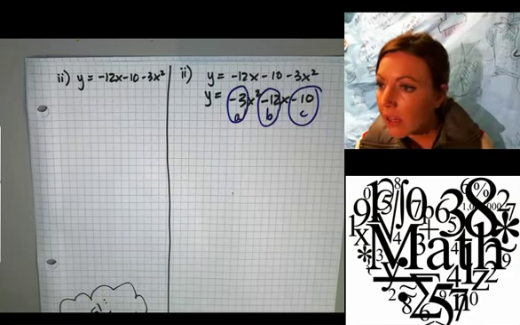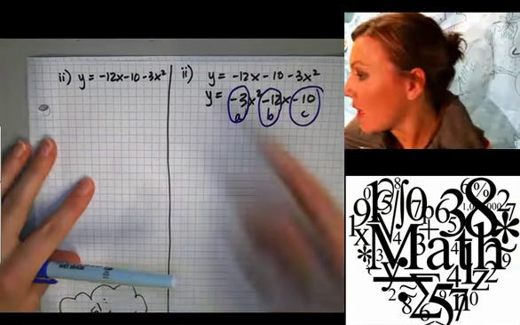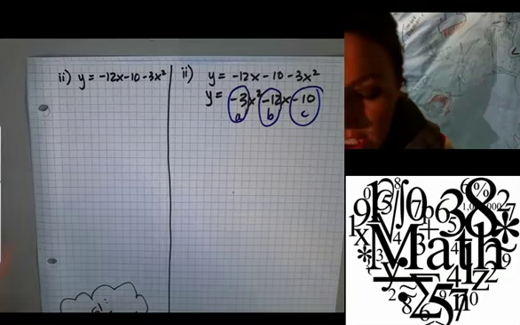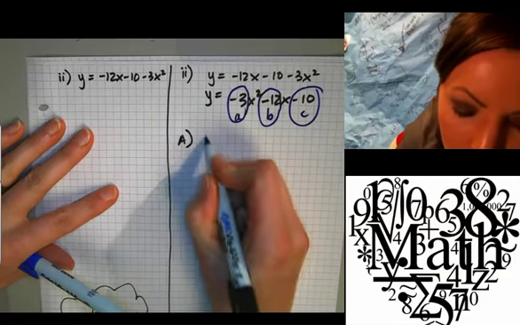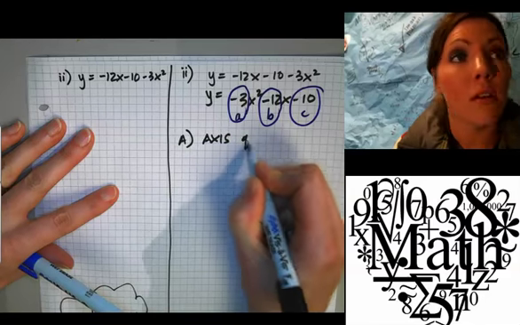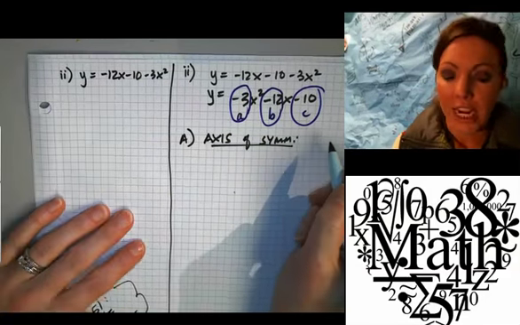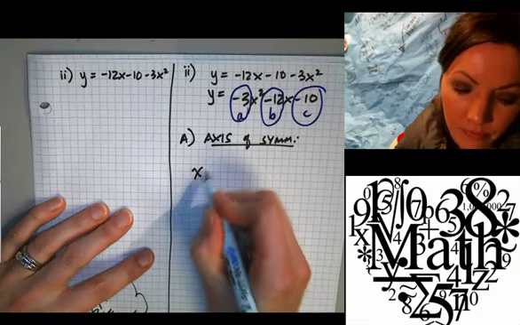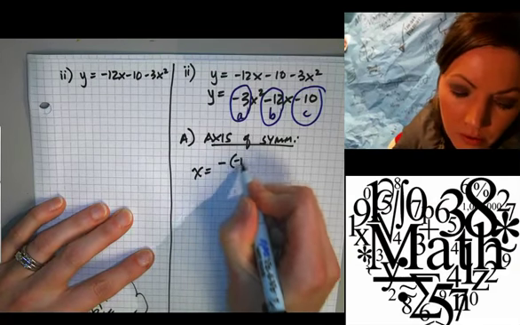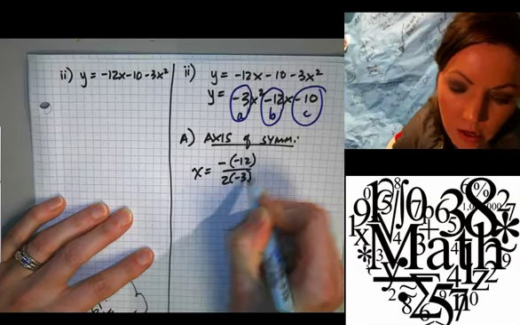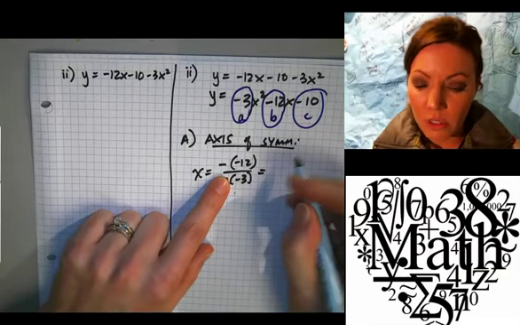Okay, part A was the equation of the axis of symmetry. Can somebody set that up for me? Negative B over 2A: negative negative 12 is positive 12 over 2 times negative 3, which is negative 6.